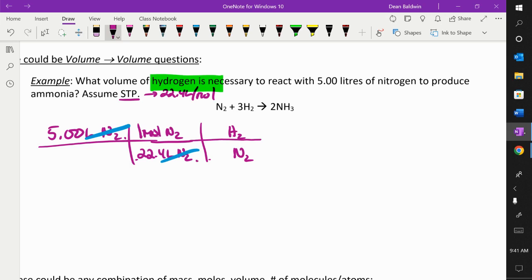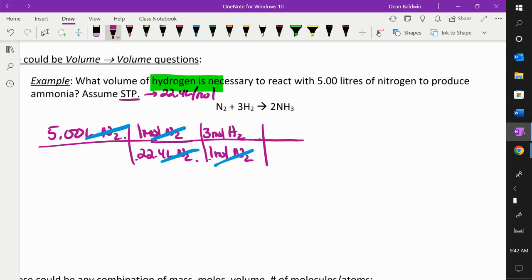Yeah. So it's 3 moles of H2 reacts with 1 mole of N2. All right. And now I have moles of H2.